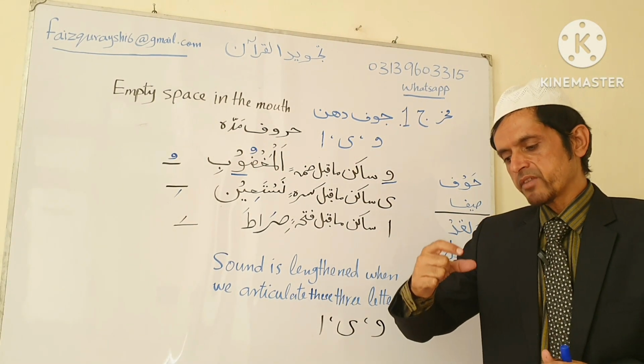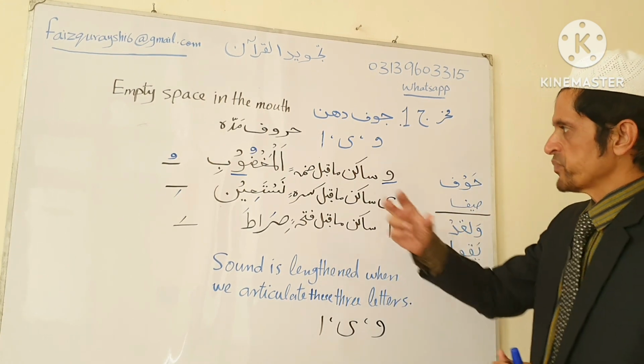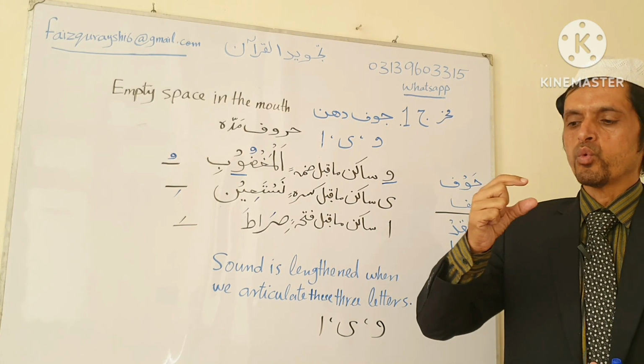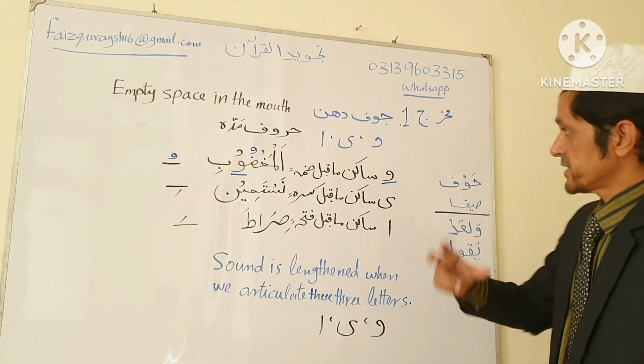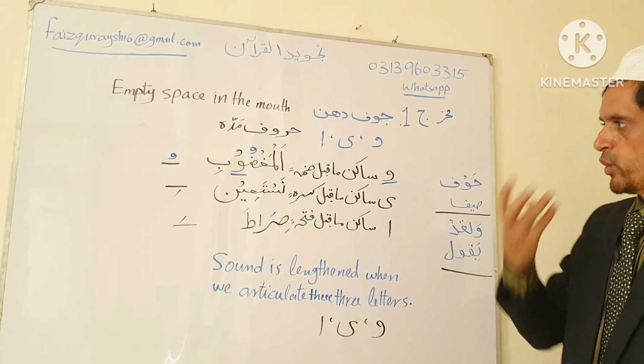And here if you look at it and give a little bit attention, for example we say Al-Maghdubi, u. Now you see this u is Wawi Madda, comes out from the space of your mouth.